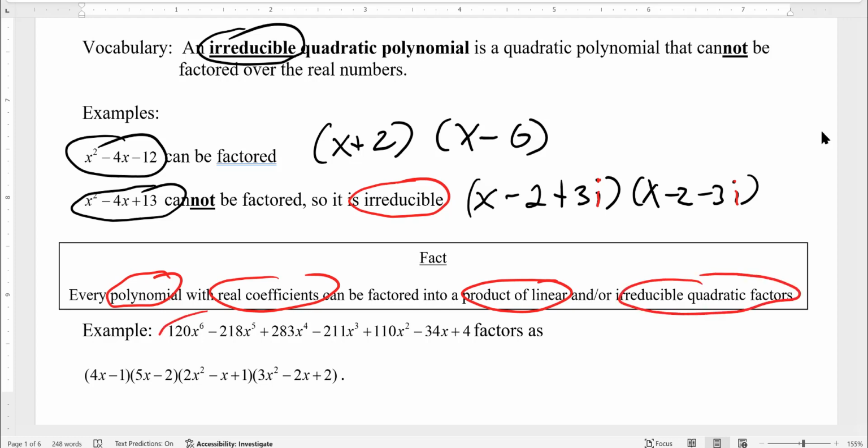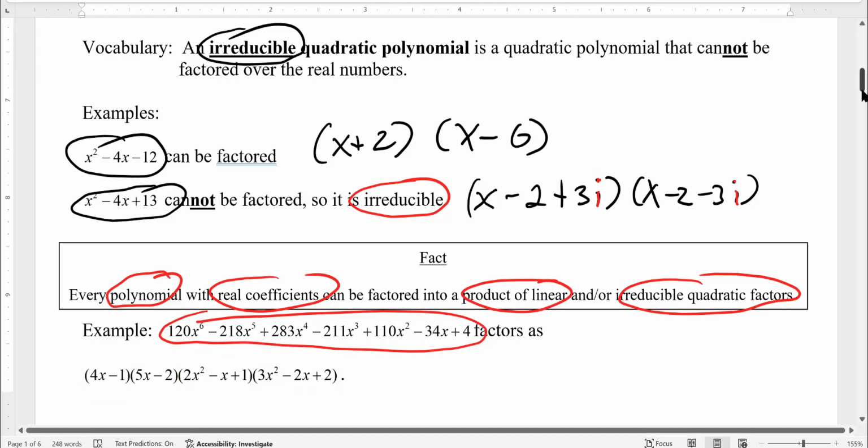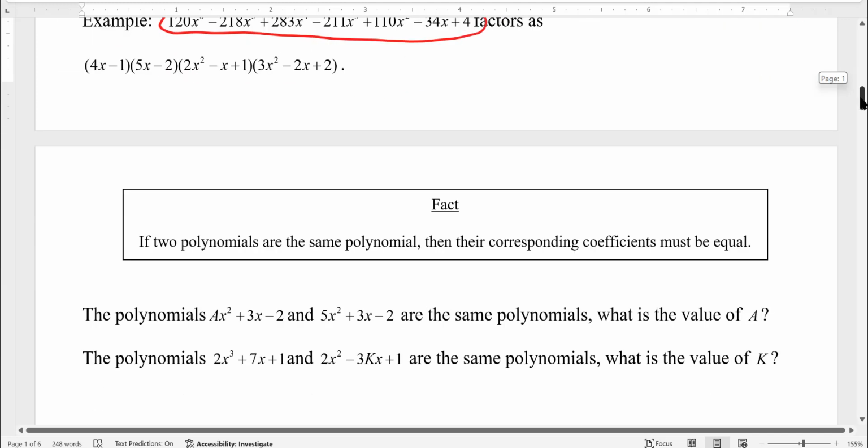For instance, take a look at this polynomial here. It turns out that polynomial factors like so. And notice all of its factors are either linear or they are irreducible quadratics. These quadratics are both irreducible. You can always do that for any polynomial with real coefficients.